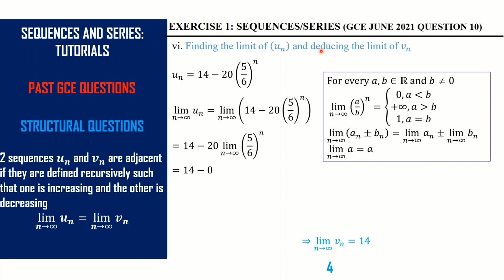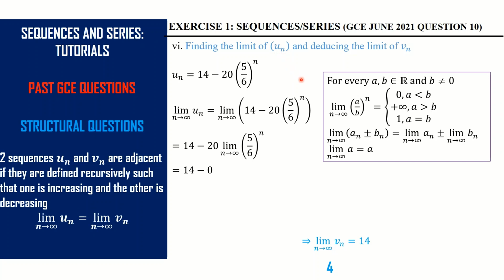Now we have to deduce the limit of the sequence Vn. We are not finding the limit of the sequence Vn, we have to deduce it. If you watched part 1, we said that there are sequences that we call adjacent sequences. These are two sequences that are defined recursively, meaning one is defined in function of the other, such that one of them is increasing and the other one is decreasing. And we said that these two sequences converge to the same limit. We saw that our Un was increasing, and that Vn was decreasing.